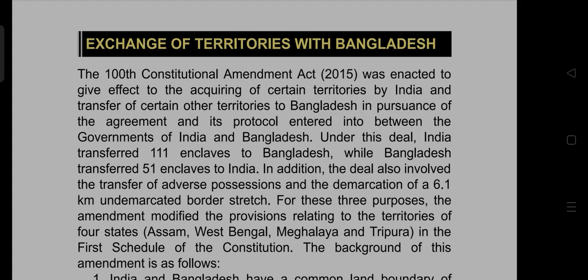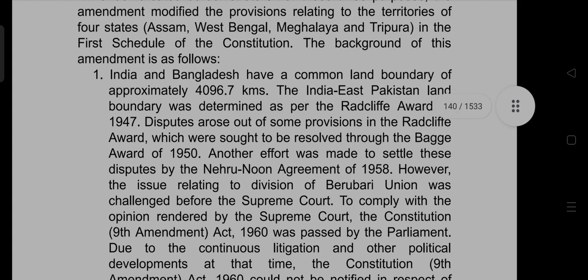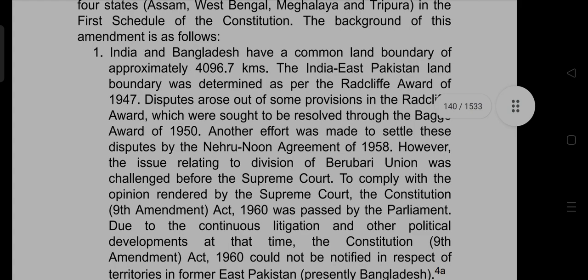The background of these amendments is as follows. First, India and Bangladesh have a common land boundary of approximately 4,096.7 km. The India-East Pakistan land boundary was determined as per the Radcliffe Award of 1947.